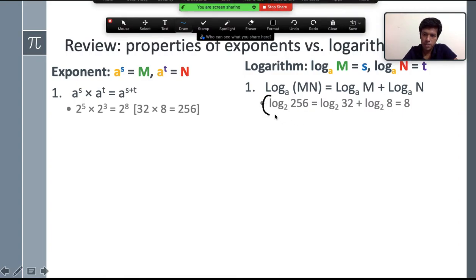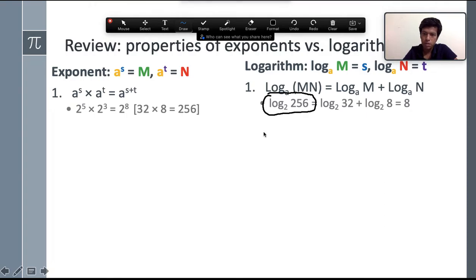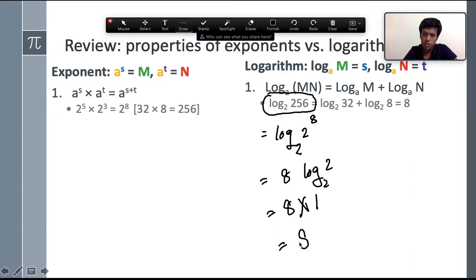If you look at this side only, this equals log base 2 of 2 to the power 8. Then 8 comes here, log base 2 of 2, and you know log base 2 of 2 equals 1. So this equals 8. So log base 2 of 256 equals 8.